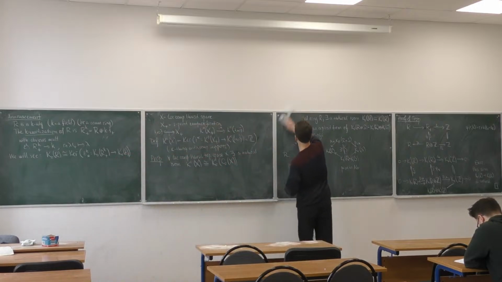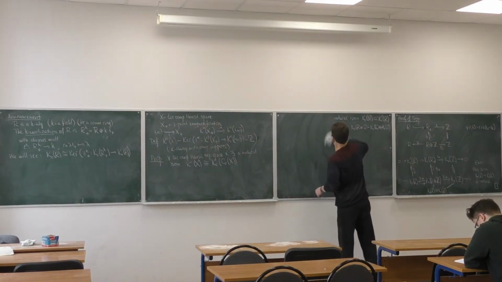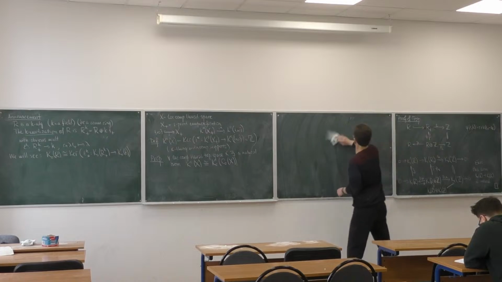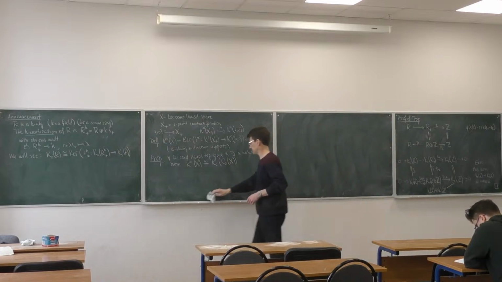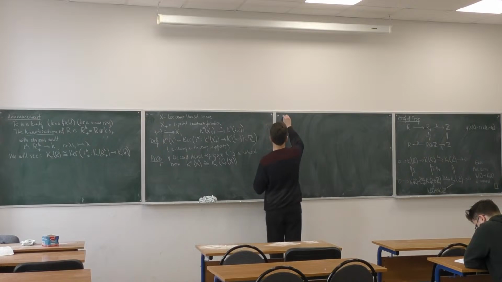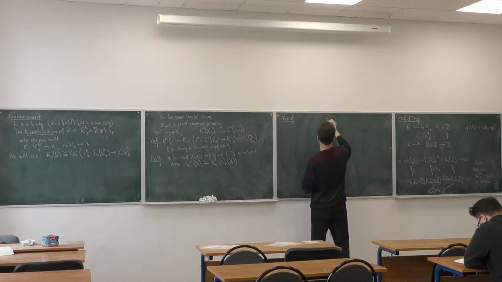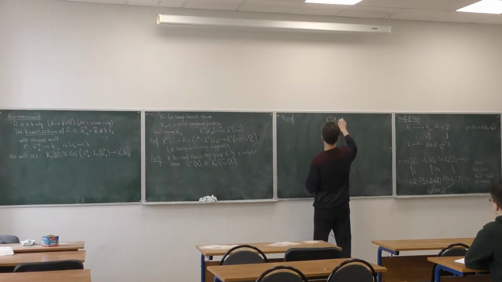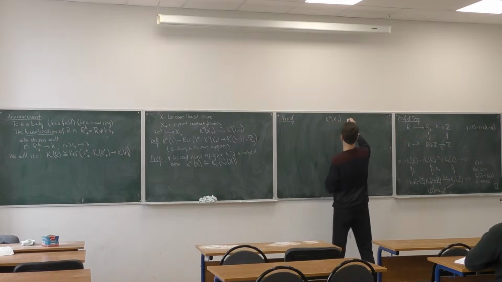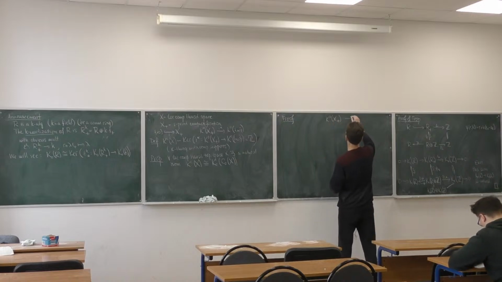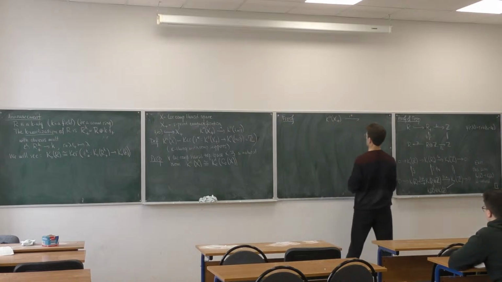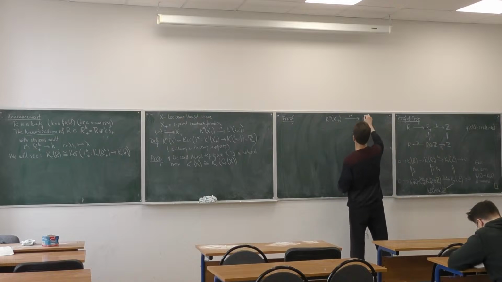Let's do it here. So we have K0 of the one-point compactification together with I star, which takes it onto the group K0 of the point.